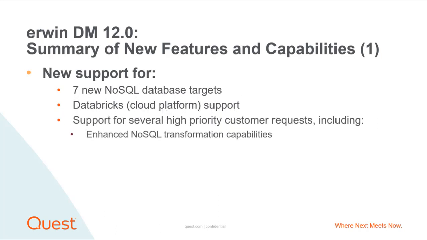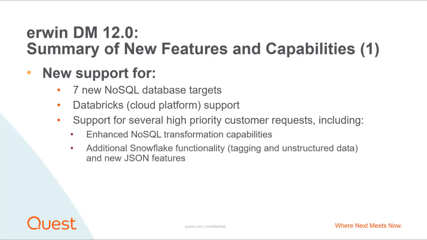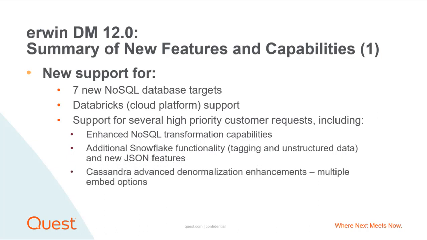Support for several high-priority customer requests, including enhanced NoSQL transformation capabilities, additional Snowflake functionality such as tagging and unstructured data, as well as new JSON features, Cassandra advanced denormalization enhancements, including multiple embed options, Data Vault 2.0 improvements, and much more.